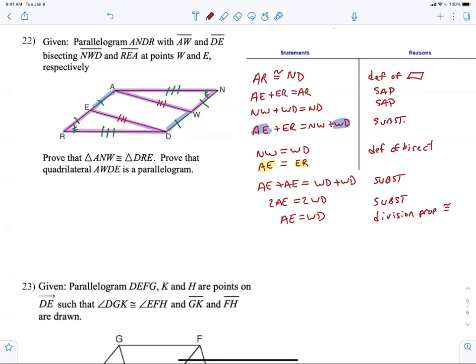All right. Now that was just to prove what? That was now we can say that AWDE is a what? We can say that's a parallelogram now. Everybody with me on that?